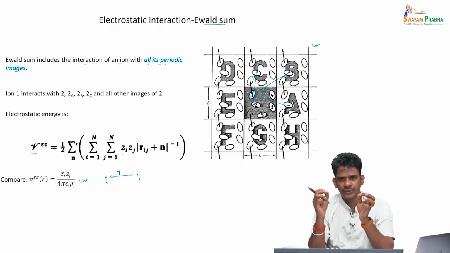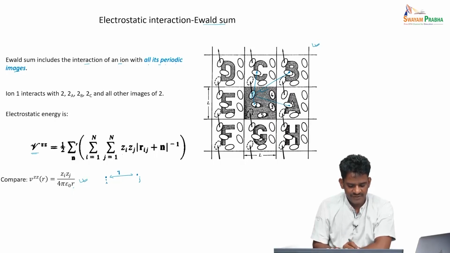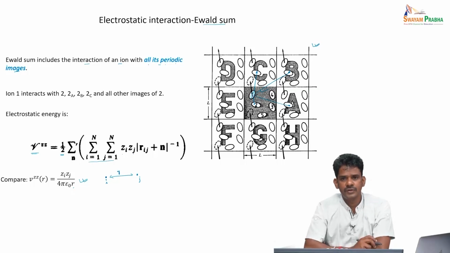So now what we are doing is a pairwise summation over all the atoms in the central box and all their images in the neighboring periodic boxes as well. When you take this pairwise interaction and sum over all the particles i and j, you get this double sum. This factor 1 by 2 is included so that we don't double count the interactions.